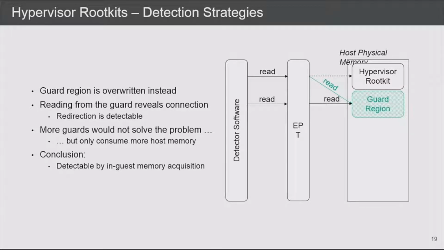And obviously, more guards would not solve the problem, since we could use the same detection mechanism to detect connections between guards too. So they would only consume more host memory, and it's not really feasible. To conclude, hypervisor rootkits are even detectable by in-guest memory acquisition, despite the usage of physical memory virtualization.